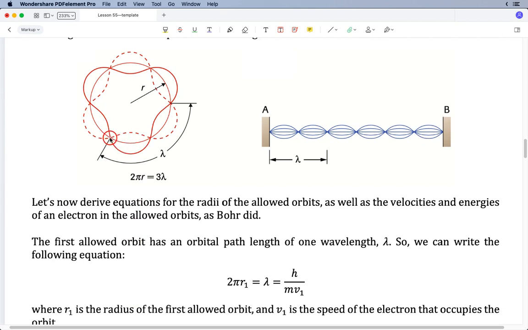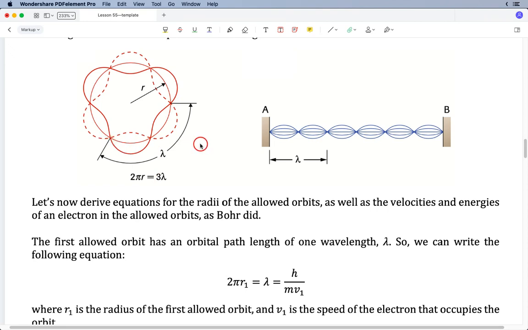This orbit has a circumference equal to 3 times the wavelength of the electron. So 2 pi r is the circumference of this circle. This is the orbital path for the electron, and in this example, it's equal to 3 times the de Broglie wavelength.